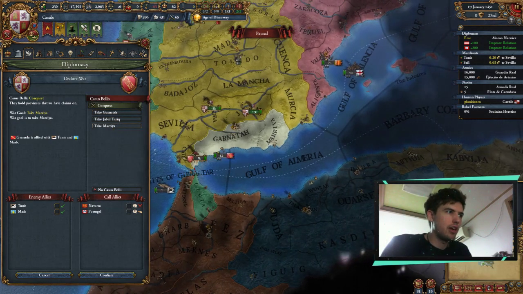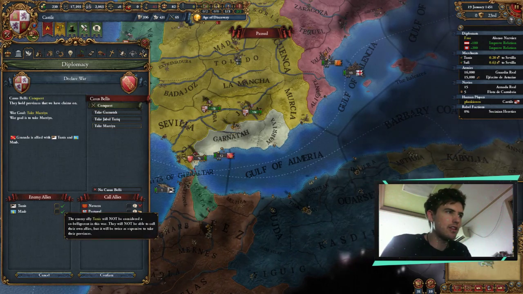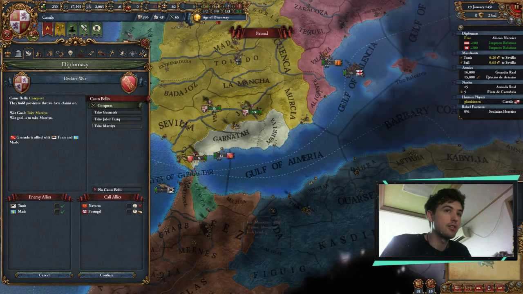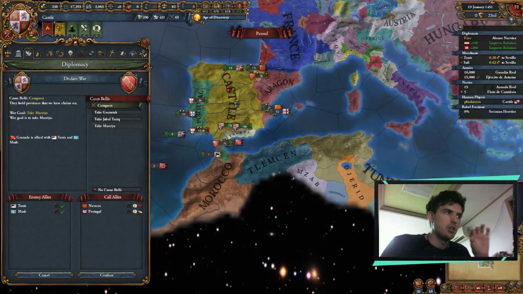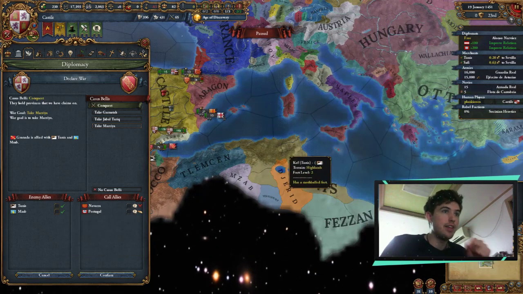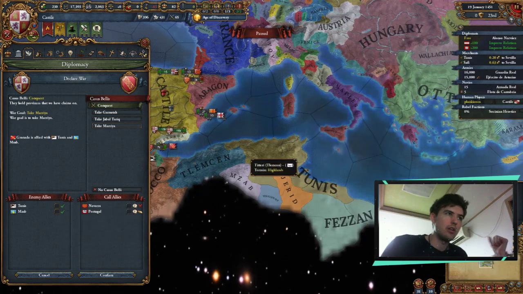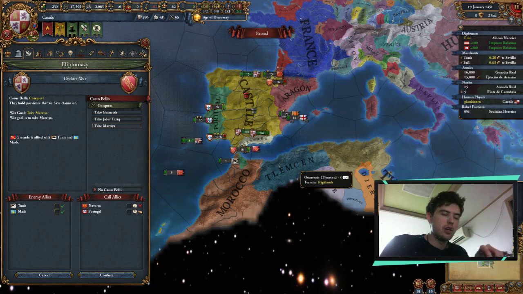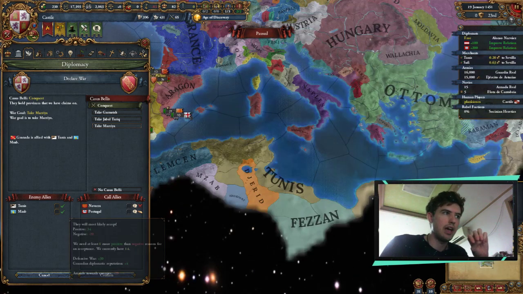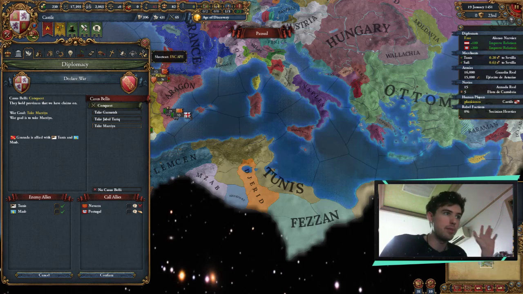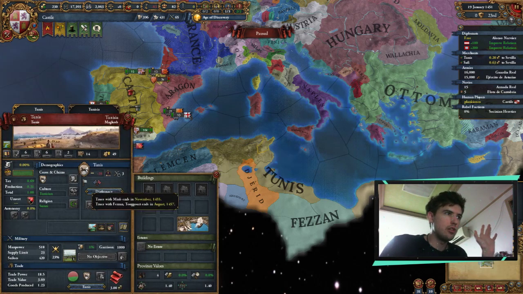It notifies you that they have allies. Now, if we click this checkbox, it means that we're declaring them a co-belligerent, which means that they can call in their allies as well. Right now, if I declare war on Granada, they'll call in Tunis and Mazab, and that's it. Those are the only 3 people that can join the war. But Tunis is allied with Granada, Jared, and Mazab.